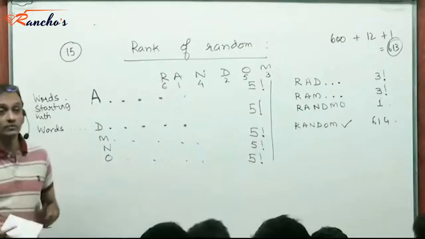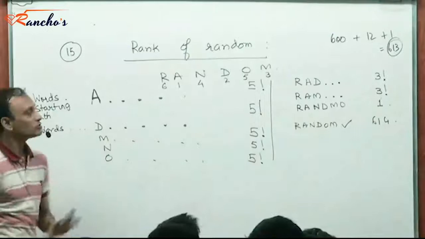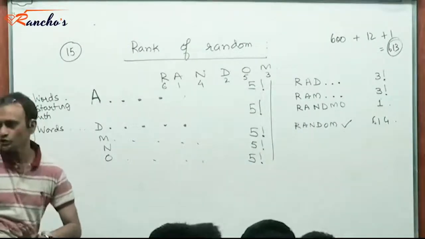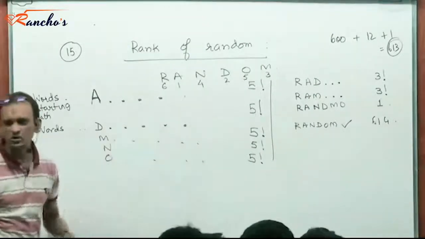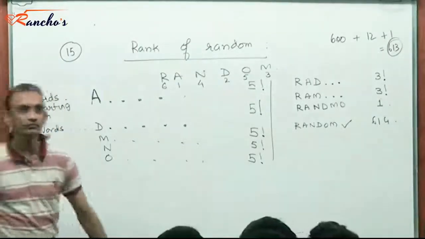That's the logic. But now let me just, with the same logic, any shortcut is based on this logic only. So let me tell you a shortcut. You don't have to do all this. You don't have to break your head so hard. What you should be doing is the following.